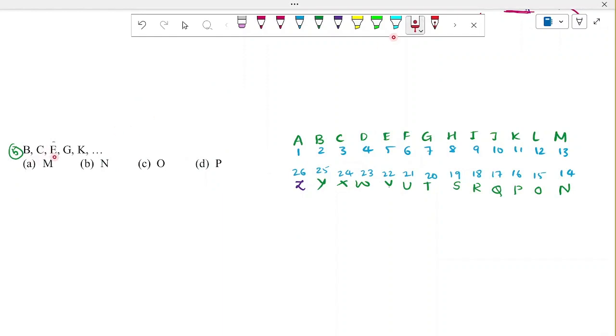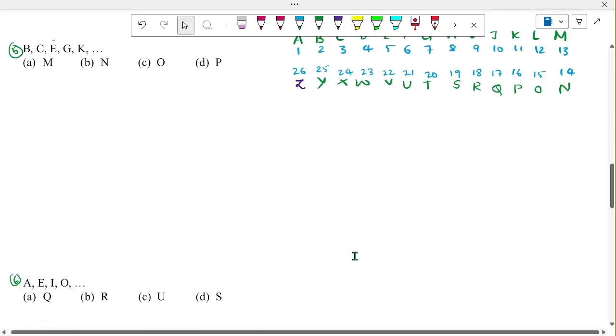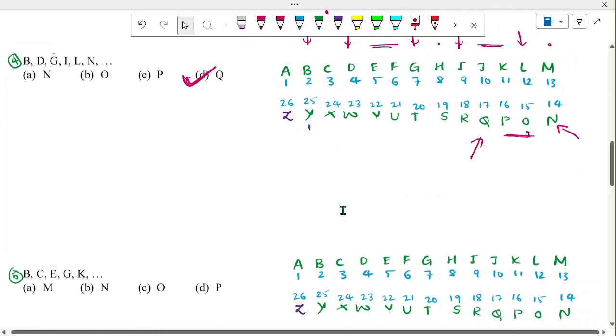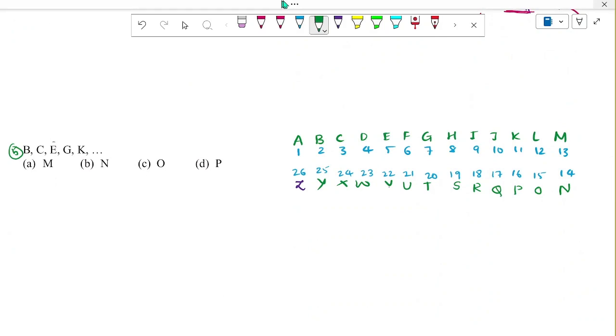We have got B, C, E, G, K. Just mark them. We have got B, C, E, G, K. If you look at this question, how it looks like, it is having a pattern in this.